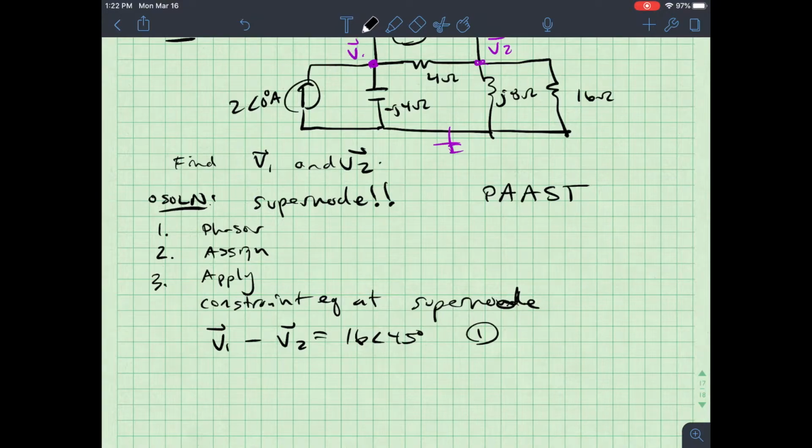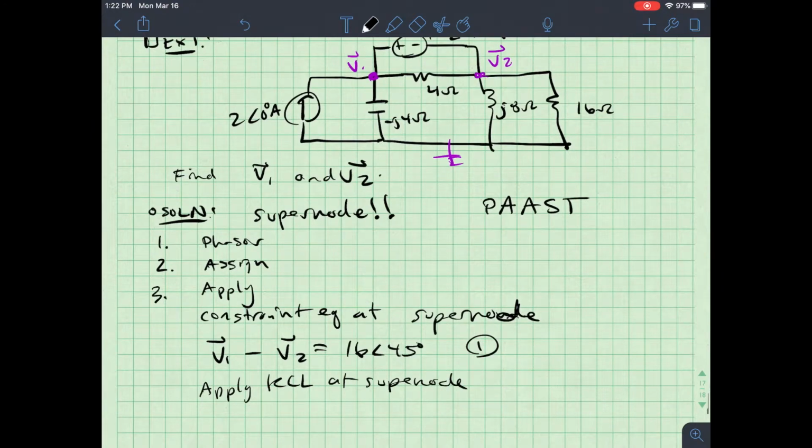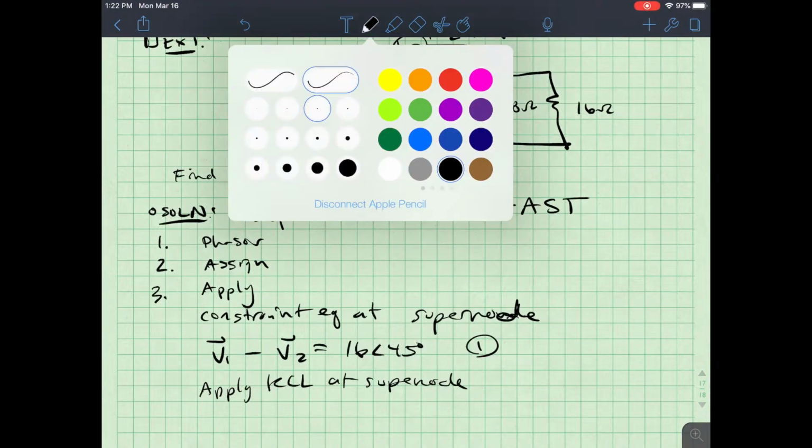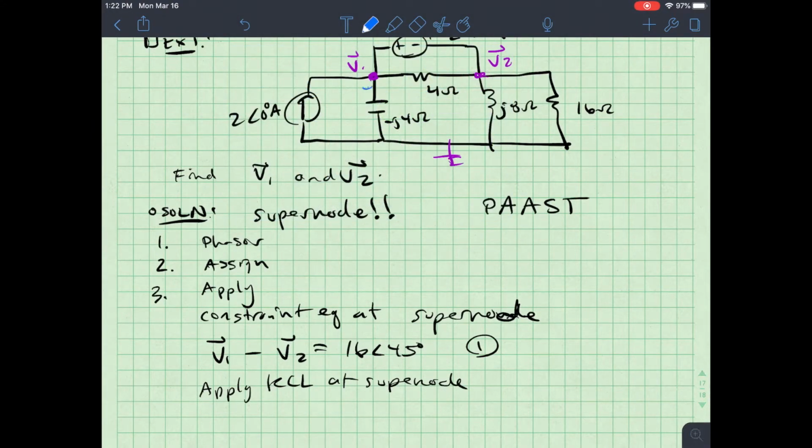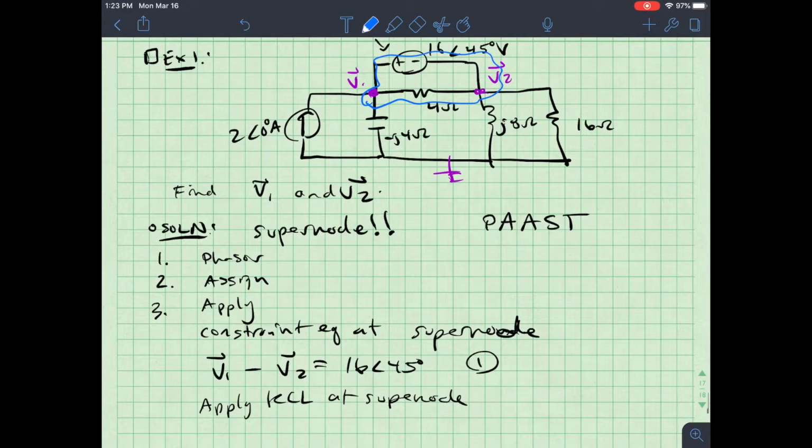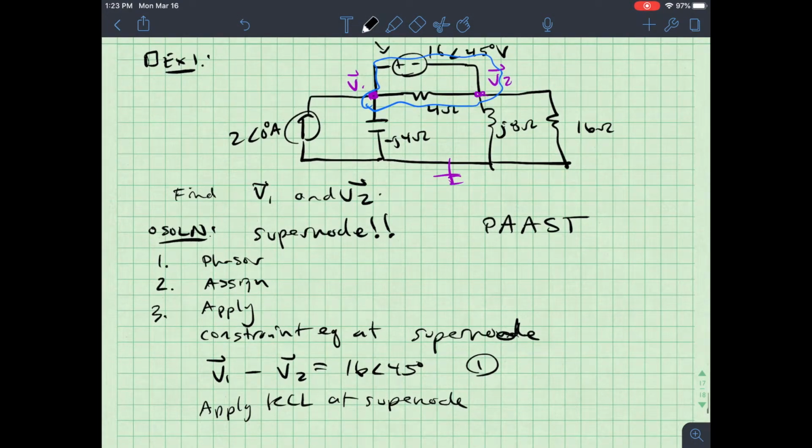The next thing I do is that I apply KCL at the supernode. Alright, KCL at the supernode says that if I imagine this whole thing here as one big node, then I can do KCL into and out of that. Now, one of the other special secret powers of a supernode, which I like to draw like this.